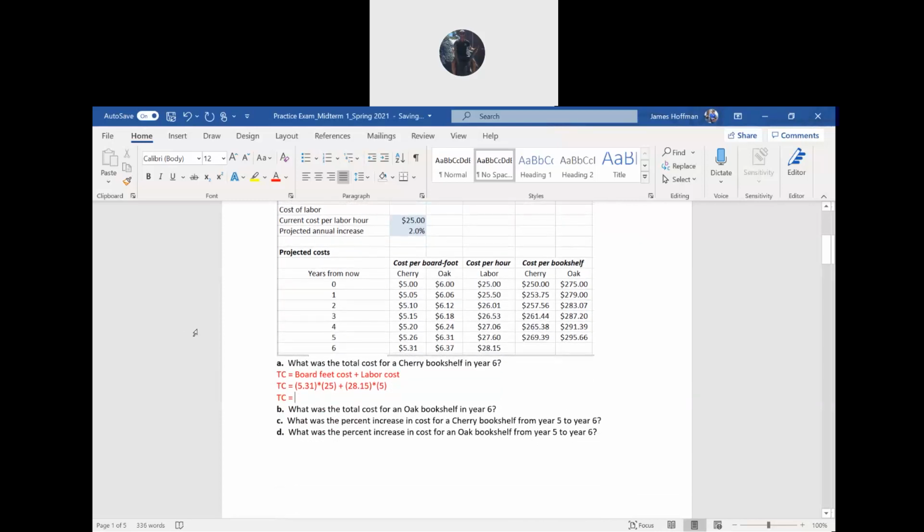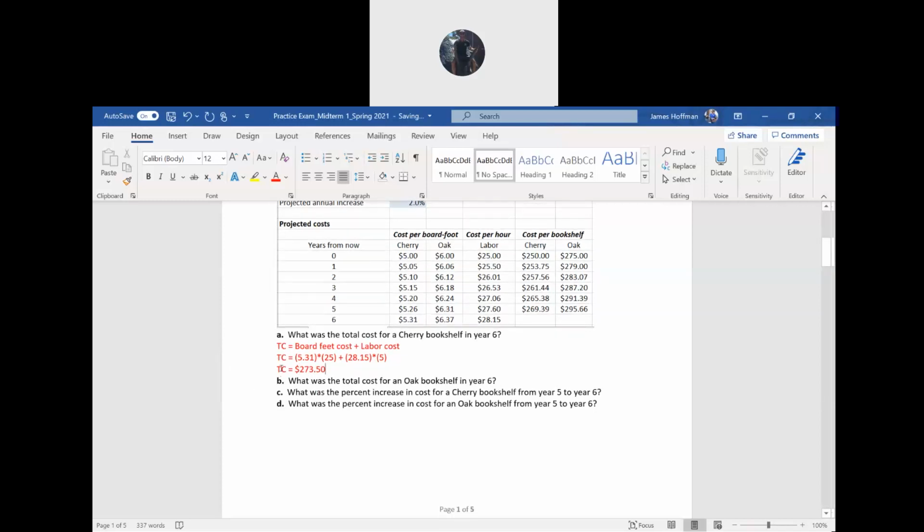If you were to put this in a calculator, you'd get something like $273.50, which sounds right, and so that would be the total cost for the cherry bookshelf in year 6.